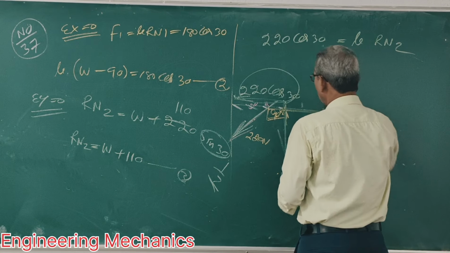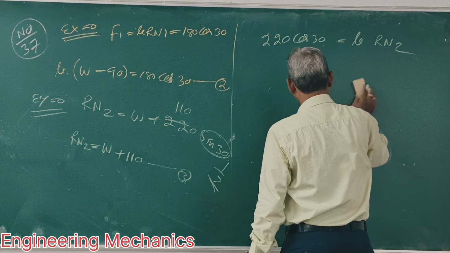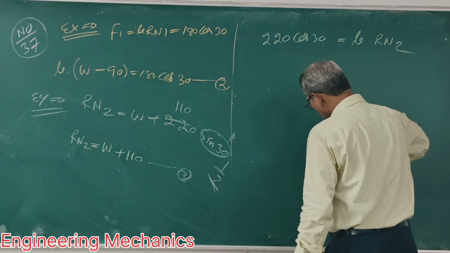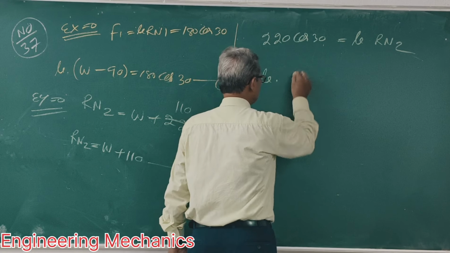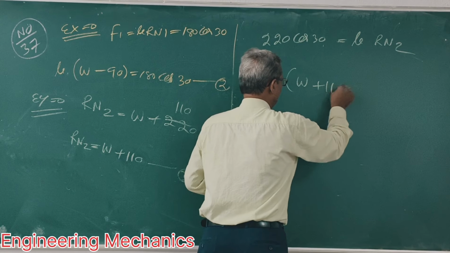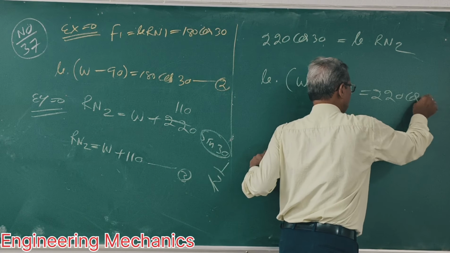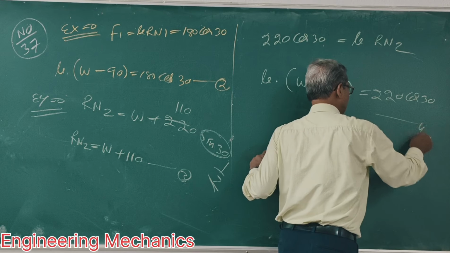Clear? What is Rn2? W plus 110. So mu into W plus 110 is equal to 220 cos 30. This is equation 4.